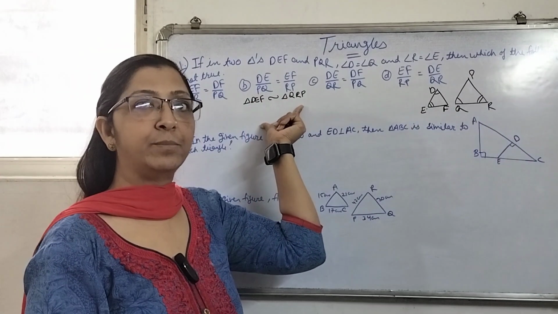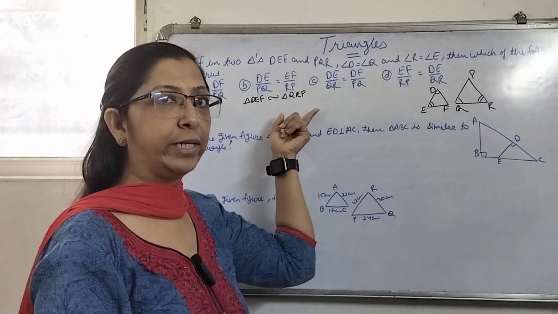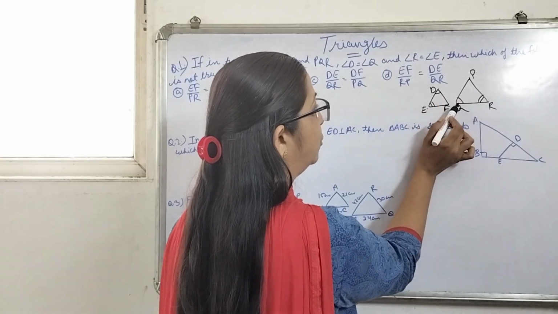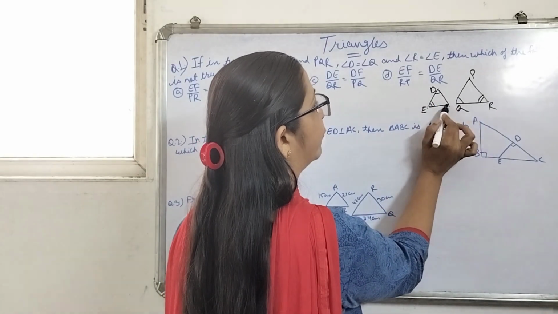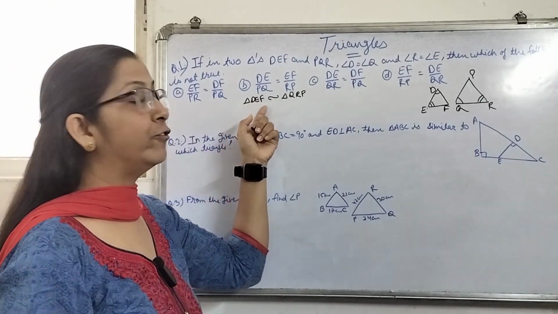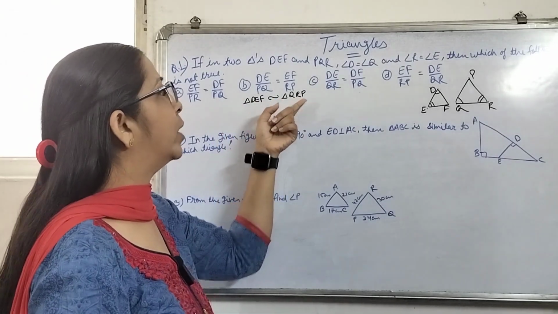Here order is very important. We had already discussed that. That means D corresponds to Q, E corresponds to R, and F corresponds to P.